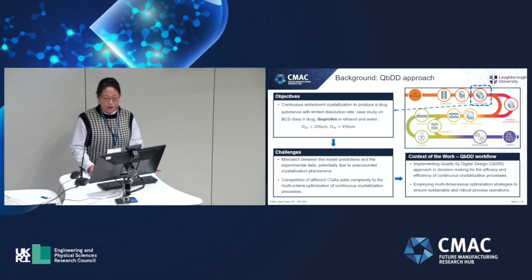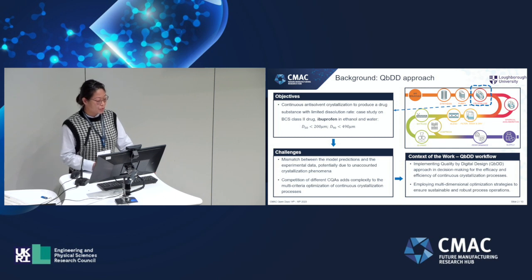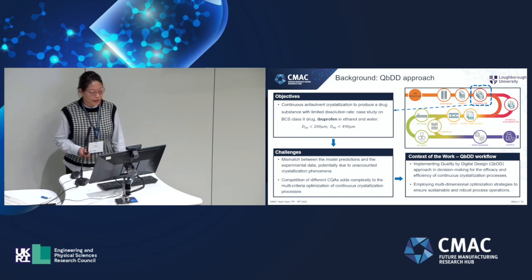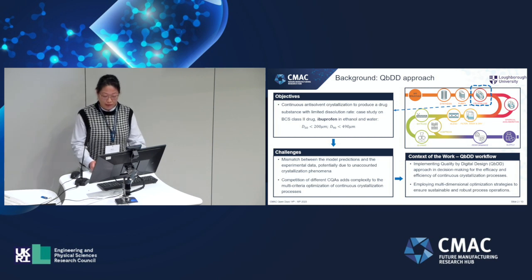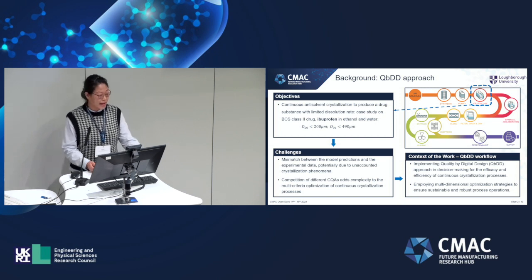Currently we face a challenge in implementing the workflow due to discrepancies that may occur between the model predictions and the experimental data, potentially due to unaccounted crystallization phenomena. The competition between different quality attributes also introduces additional complexity to the multi-criteria optimization, further increasing the challenge of achieving optimum outcomes.